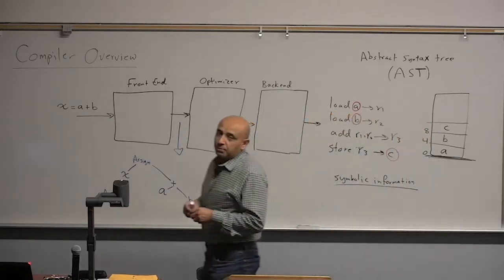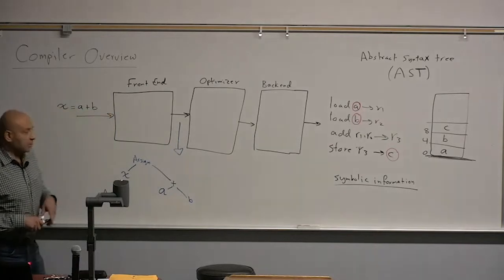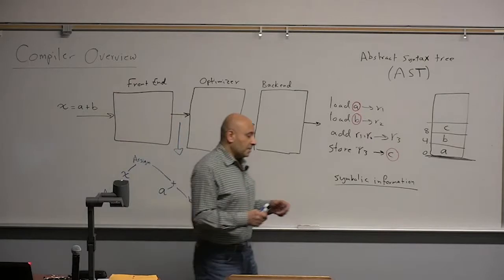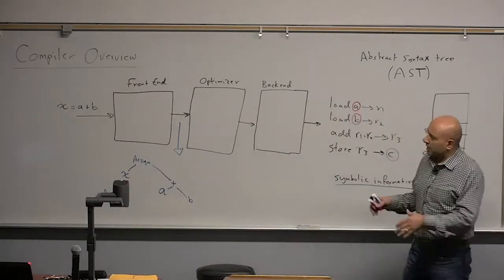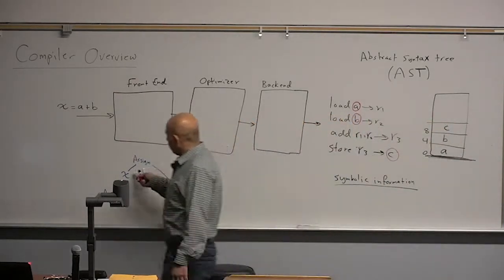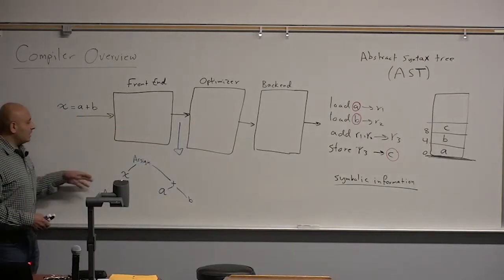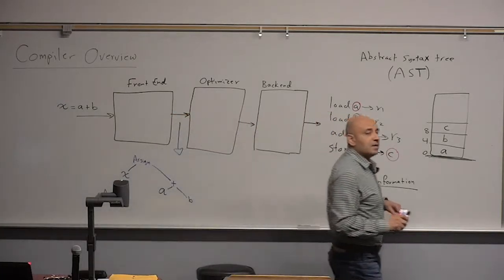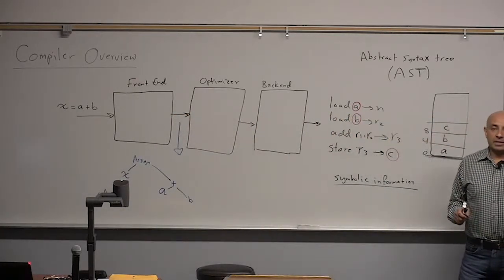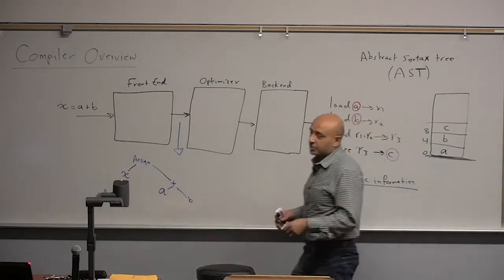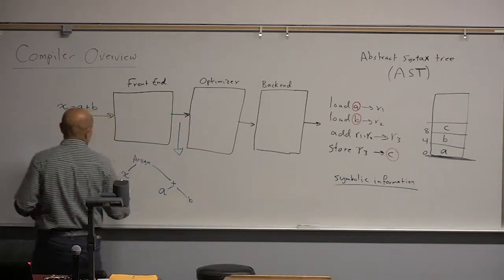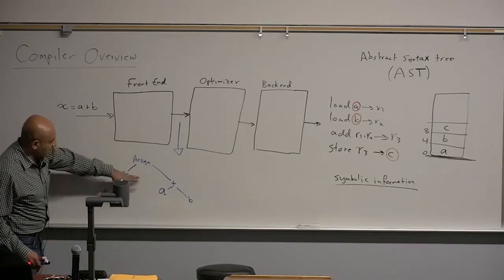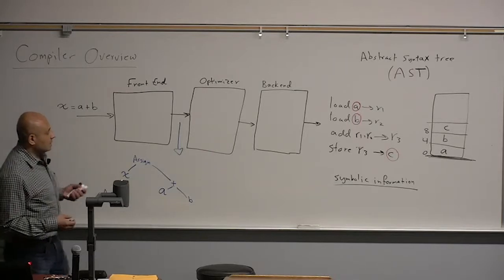So for debugging purposes, the compiler will keep symbolic information, and for each variable, which in fact becomes a node in this tree, it will keep the corresponding variable names, so that it can implement the debugging functionality. But without that, we don't need it. Or in other words, if you just want to generate code, once you build a tree like this, you don't need the symbolic information.